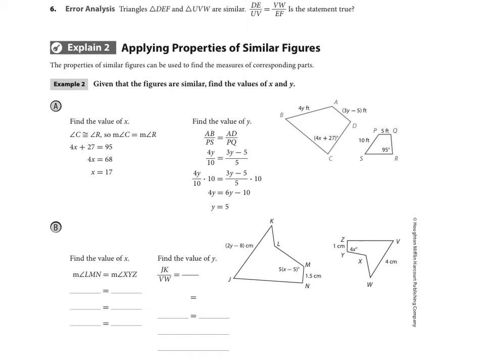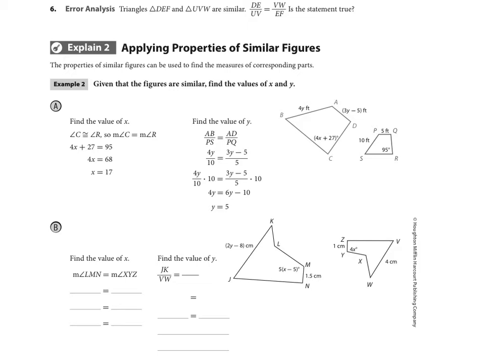First of all, let's look at A. A asks us to find the value of x, and the value of x is within an angle, angle C. We know that angle C corresponds to angle R, so its measure is the same. So we're going to take our 4x plus 27, set it equal to 95, and solve for x. Pretty simple. Remember that when figures are similar, corresponding angles are congruent.